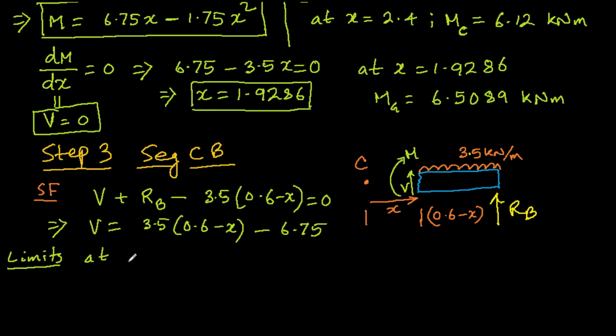At x is equal to 0.6, I'm writing again 0.6, right? So this term simply goes away and you get V at B is equal to minus 6.75. Fine.